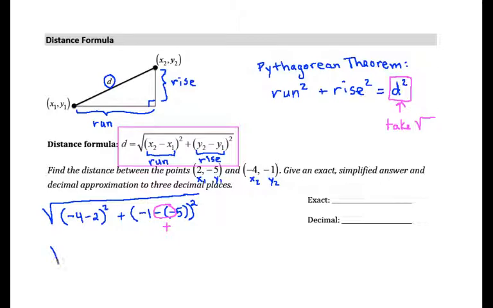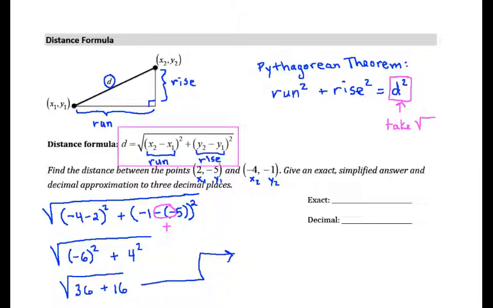We never end up with a negative term inside this distance formula. The first one is -6 in parentheses quantity squared, and the second one is +4 squared, so that this becomes the square root of 36 plus 16.